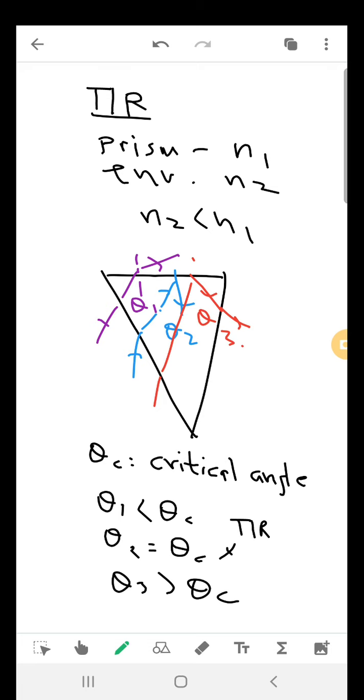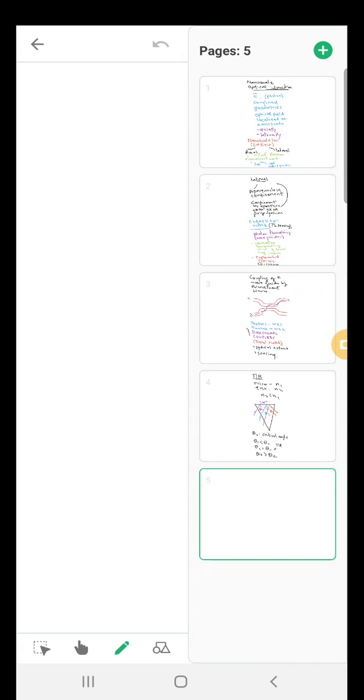Now at the interface, the light refracts and passes to the second medium at a sufficiently small incident angle. So what happens when the angle is greater than the critical angle: the light beam is reflected from the internal surface.